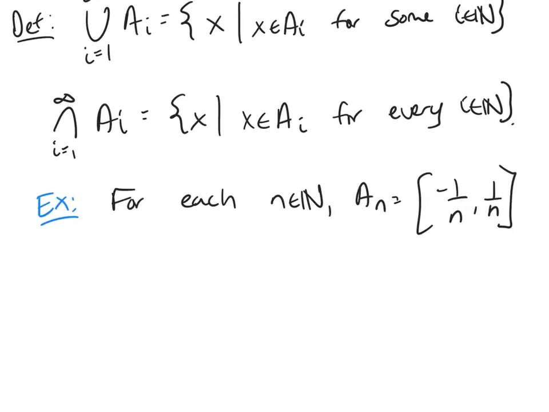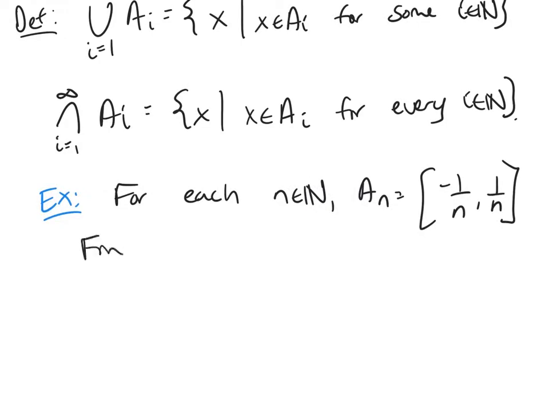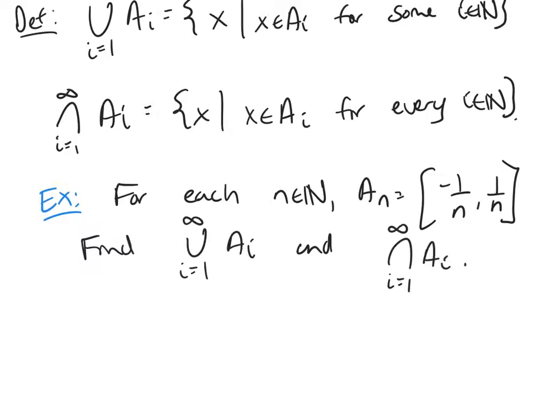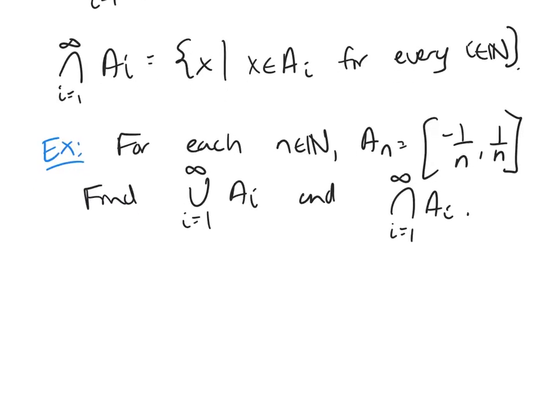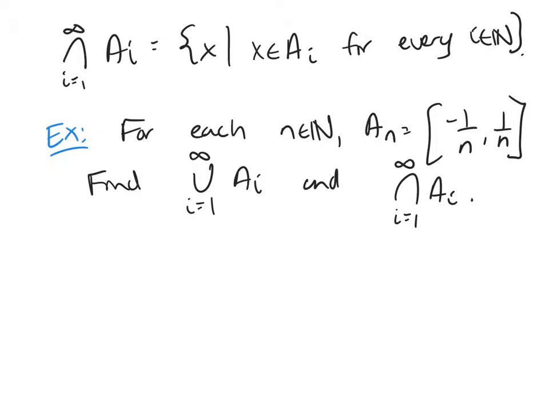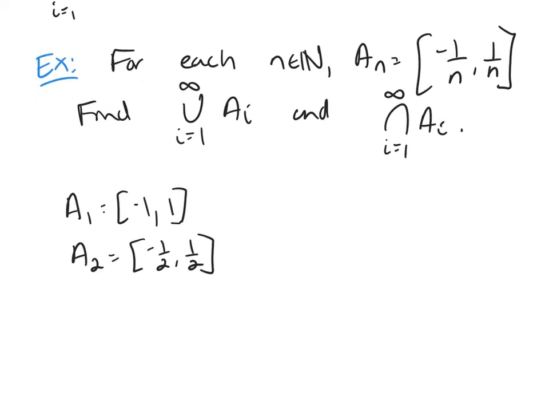And I want us to find the union of A_i and the intersection of A_i. So it might help if we write out what some of these intervals correspond to. A1 would be the interval -1 to 1. A2 would be the interval -1/2 to 1/2. And A3 would correspond to -1/3 to 1/3.